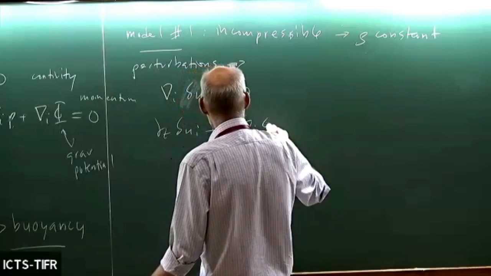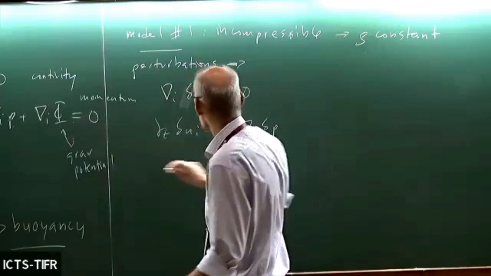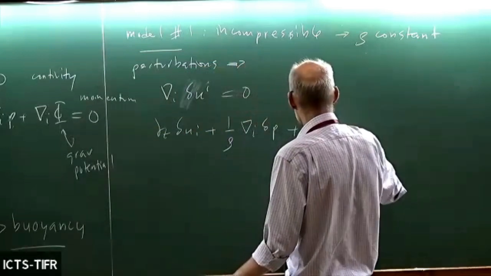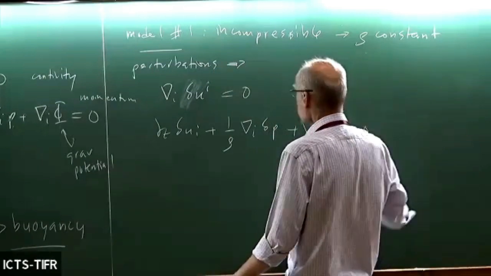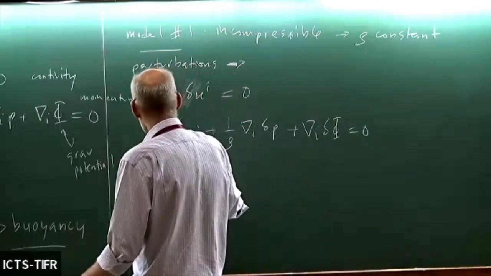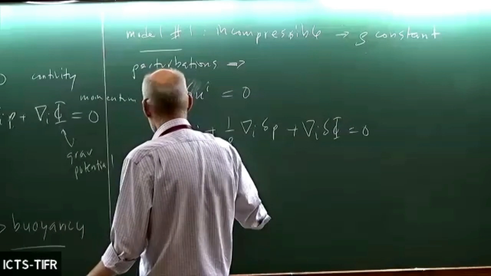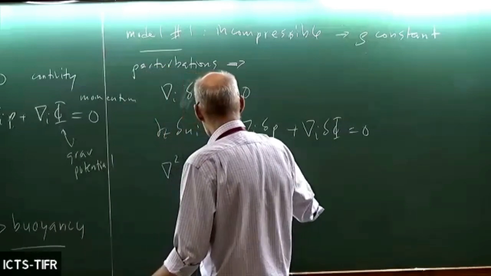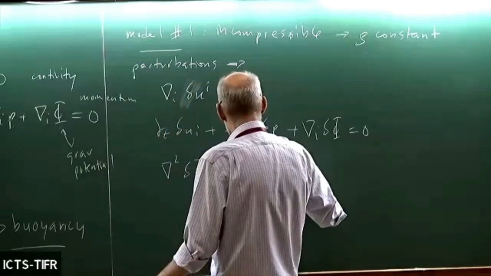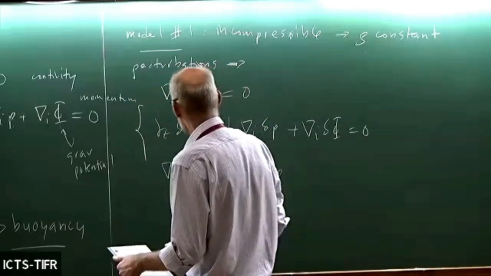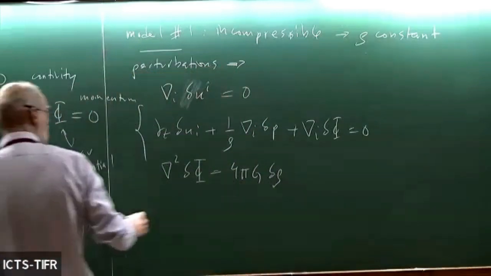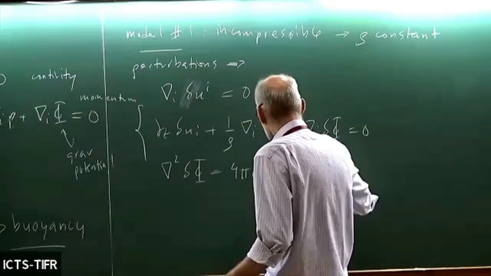But the pressure has a perturbation, and this is obviously there. And then if you want for completeness, the perturbation goes straight through the Laplacian, and you just get this. But actually, this is zero as well, sorry, so it's not right now.